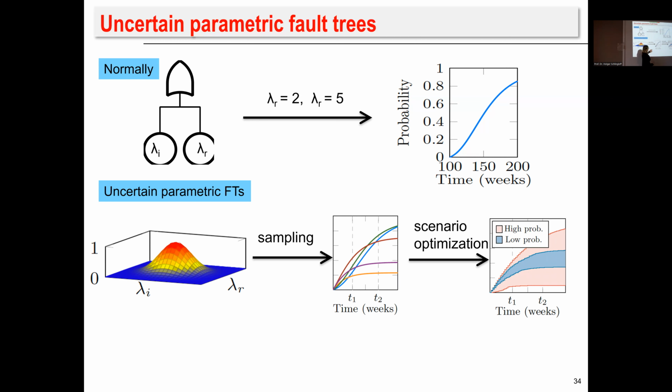Well, if you instantiate this, for each sample you get your own reliability curve. But now with scenario optimization, you can actually bound this. I see lots of curves, and most of them are in this red area here.